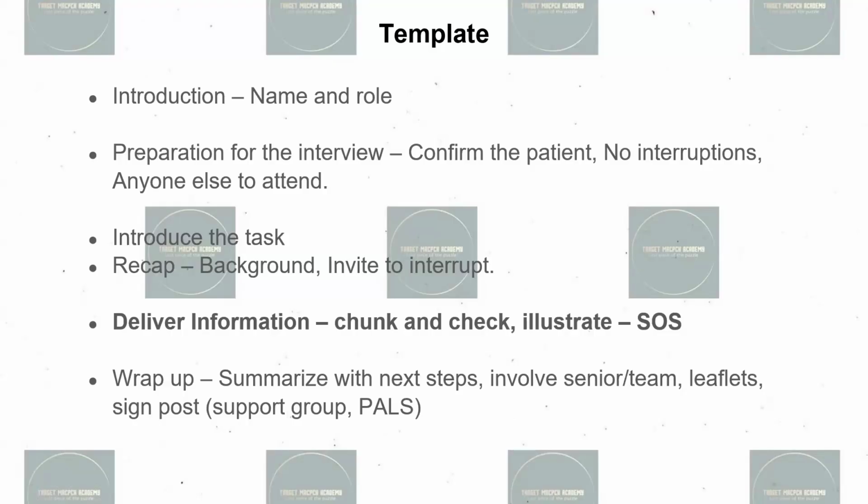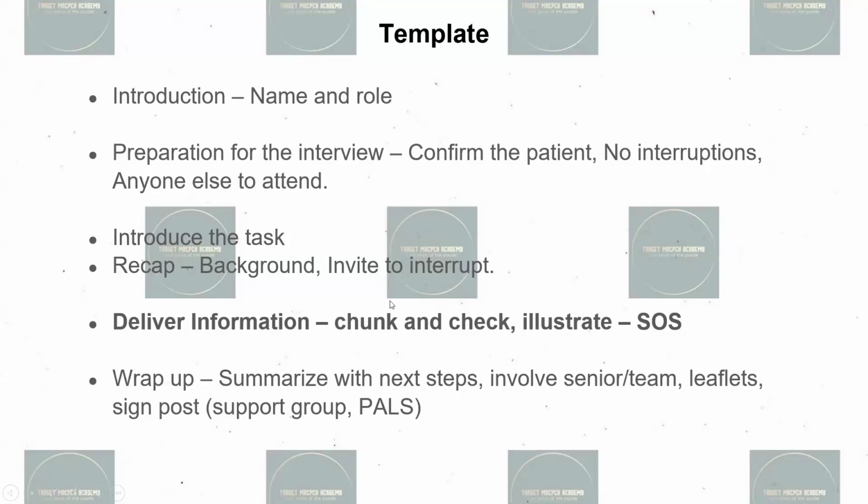What you can do is, when the information is too much, you can break it into chunks. For example, if it is a consent taking station, you can talk about what the indications are, what the complications are, what outcome you are expecting, why it is important, and all those things. So you can break it down into different topics and then talk about it.